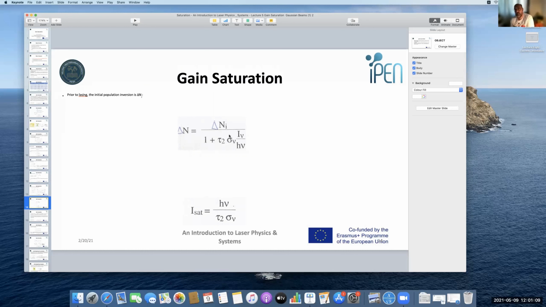We define that at the moment that this population inversion is reduced to 50%, the intensity of my laser within the oscillator equals the saturation intensity. So if you replace I with this value, this becomes 1. So it is like 1 plus 1, 2. So the population inversion at saturation has been reduced to 50% of the initial population inversion. It's a convention that we are using.